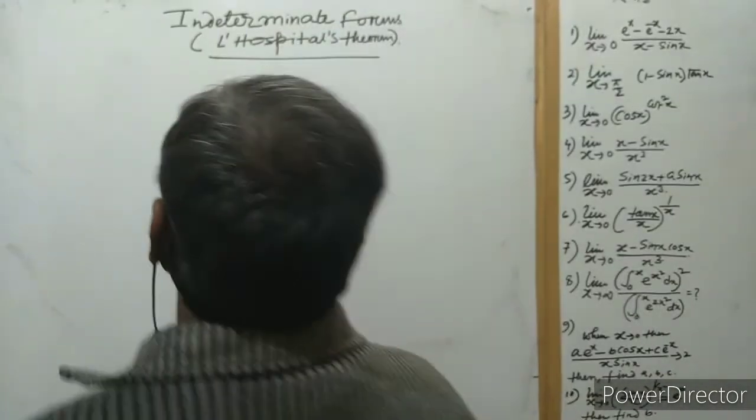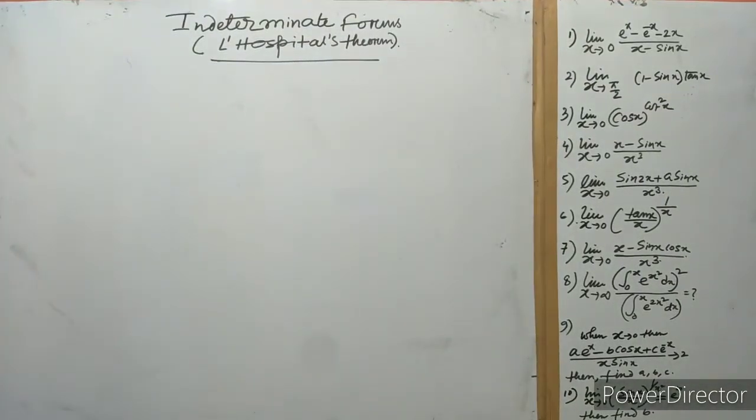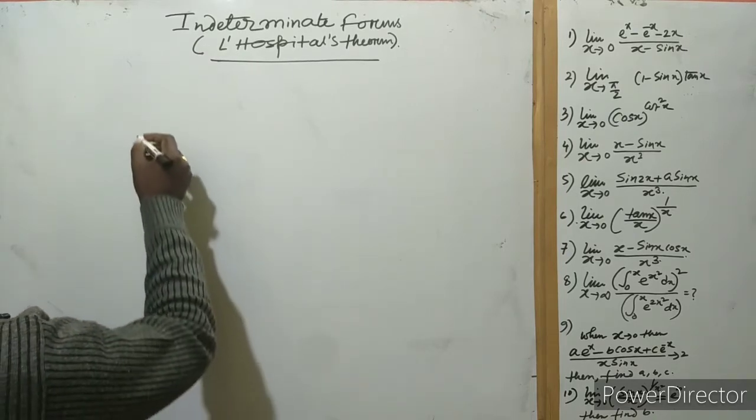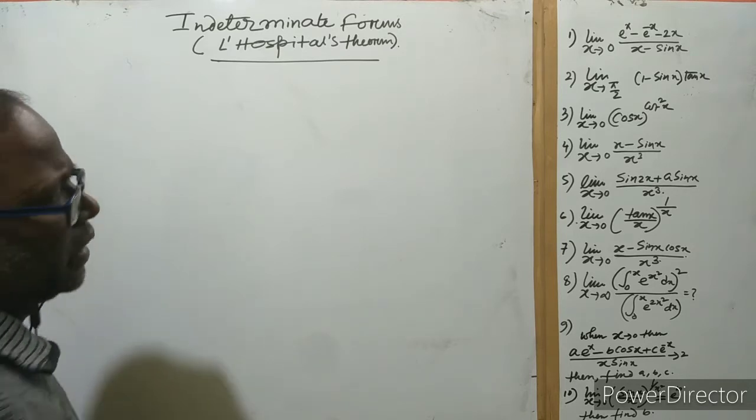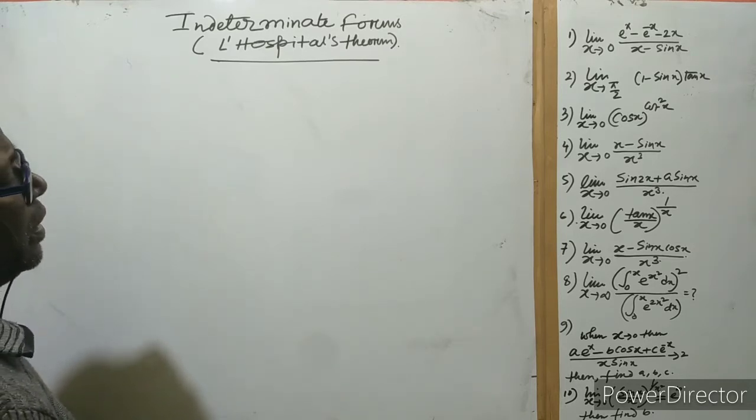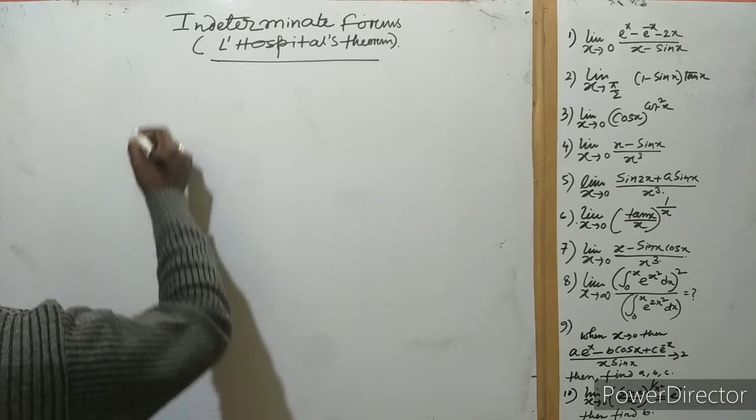When a limit like x tends to a of f of x by phi of x, when we put the value and it tends to 0, then we get 0 by 0 and also infinity by infinity. That type of form is called the indeterminate form.